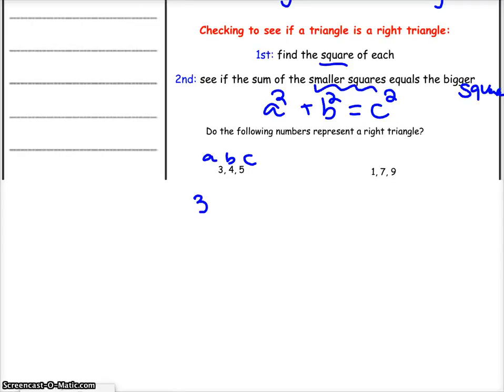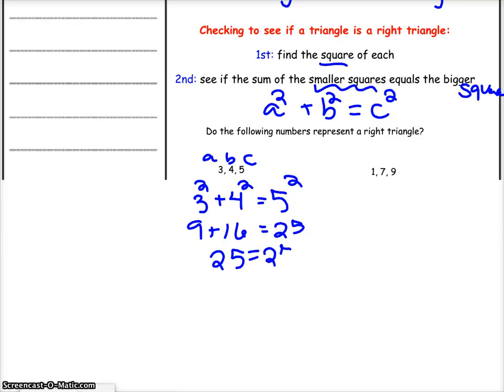So I'll say, does 3 squared plus 4 squared equal 5 squared? That's what I'm checking. I'm doing the converse. Does 9 plus 16 equal 25? 25 does equal 25. So yes, they create a right triangle.